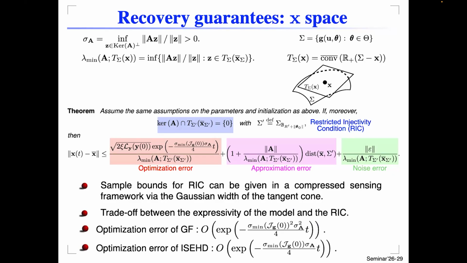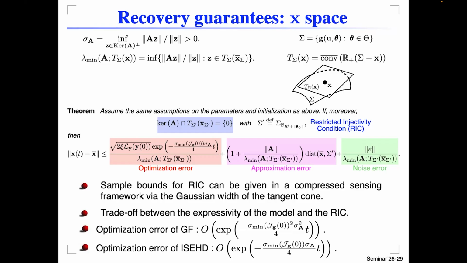Just a side remark. I don't know if you're familiar with gradient flow, but if you apply gradient flow, just the minimization of y minus Ax squared, solving for x, like a very simple least squares problem, this is the kind of convergence rate that you get. It's sigma A squared that will appear.